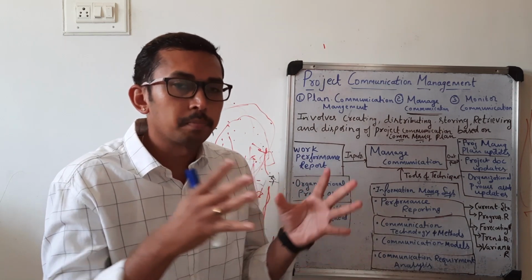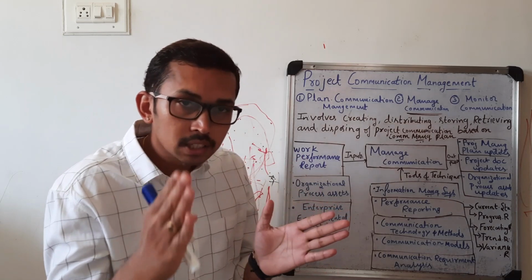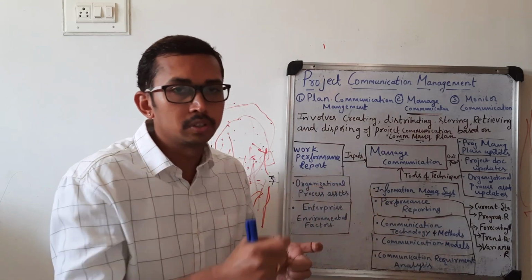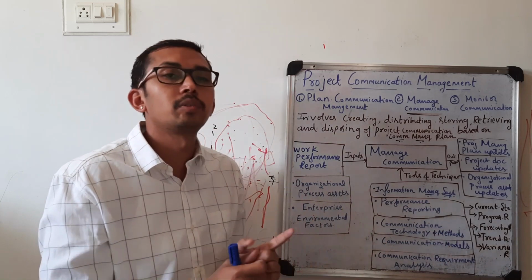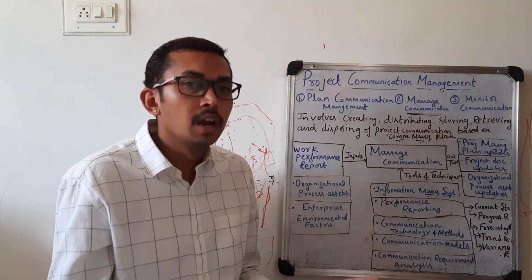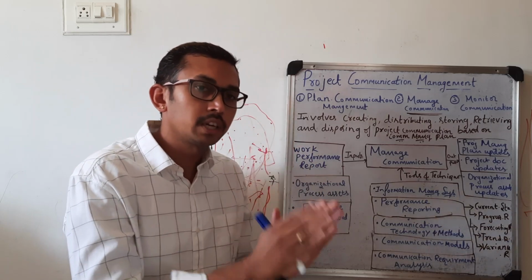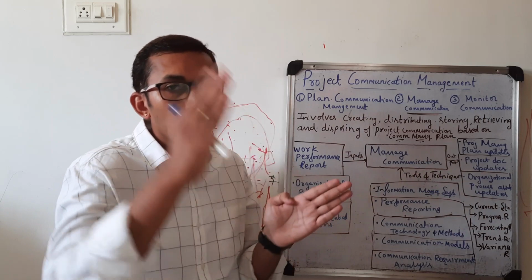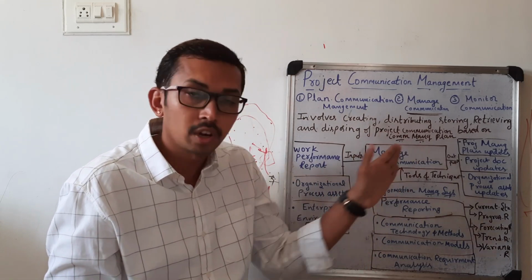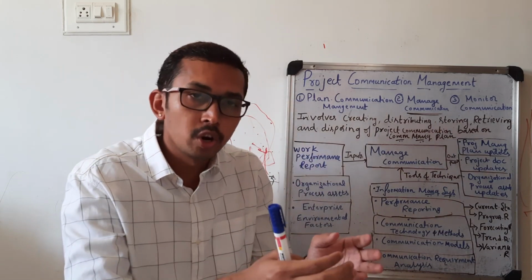It takes the information regarding the current status of the project, the progress of the project, meaning how much percentage has been covered, and the cost incurred, that is, whether the project is going within the budget or out of the budget. All those things we take as a report, which becomes the input for manage communication. That is the work performance report.